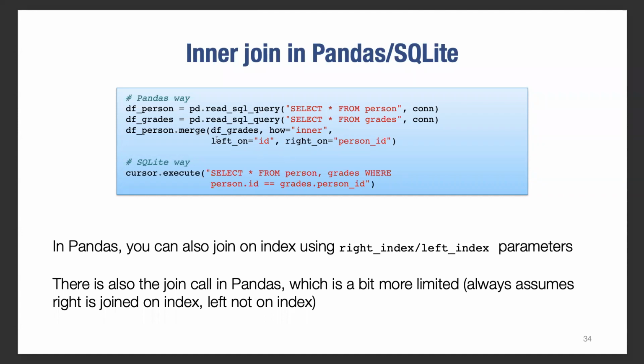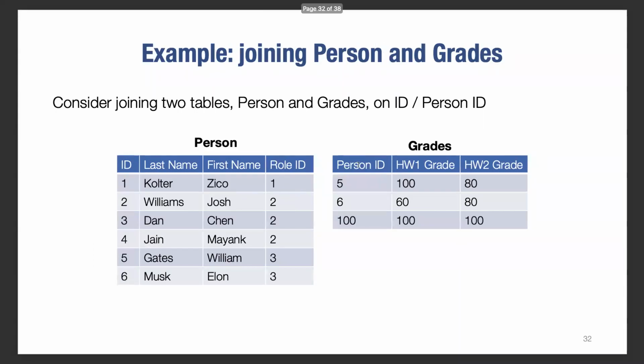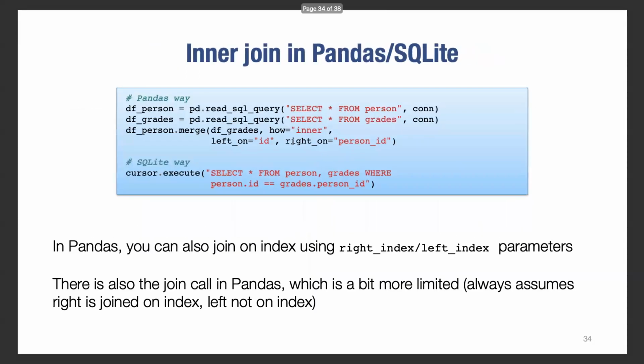But if the column in the left table is known by something and in the right table it is called something else, then you have to specify left on this column, and right on the other column. So take a look again. In the first table, you're doing left on ID, but in the second table, it is person ID. And that is why the syntax is saying right on person ID. I hope that makes sense.